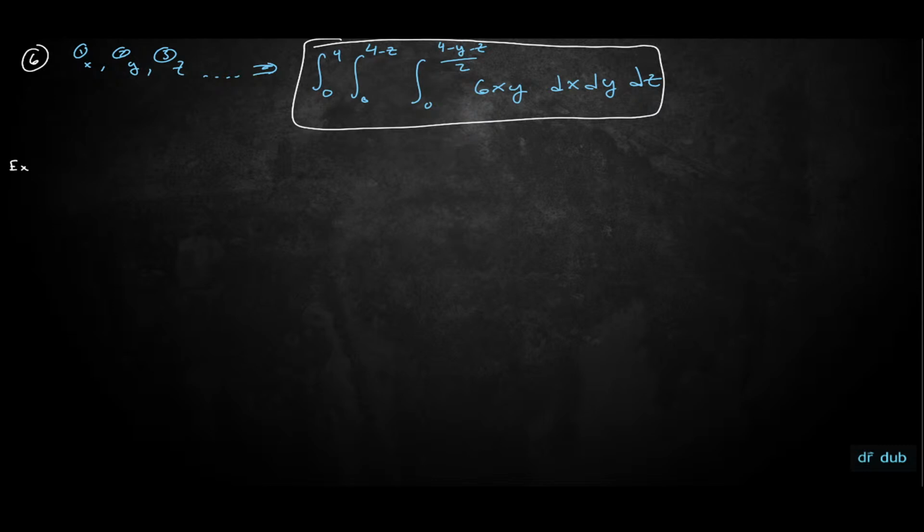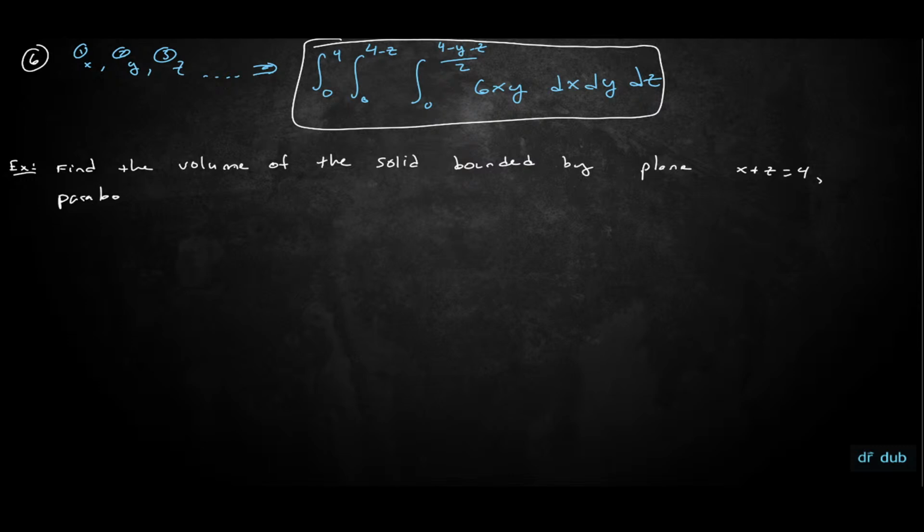So example, find the volume of the solid bounded by the plane x plus z equals 4, the parabolic cylinder z equals 4 minus y squared, and the planes x equals 0 and z equals 0. So what a mess this is going to be.